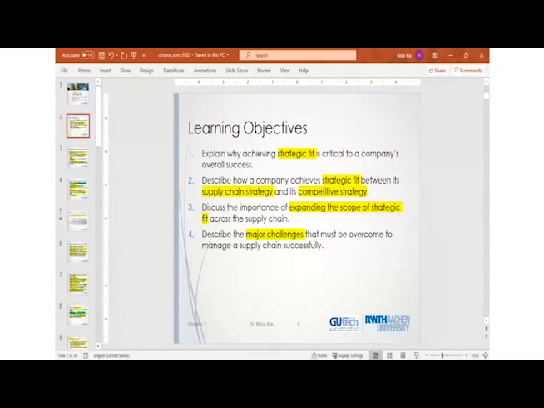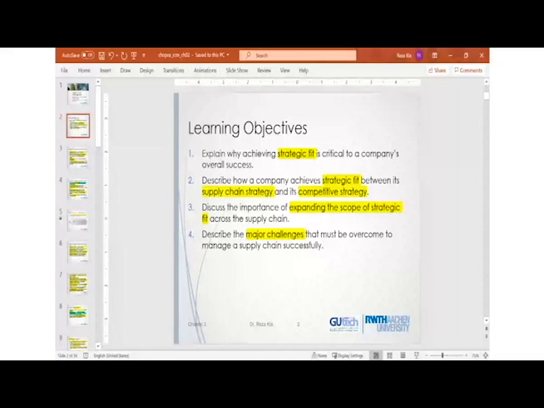Usually we start with the learning objective of this chapter. So hopefully by finishing this chapter, you will be able to explain what strategic fit is and why we need to achieve a strategic fit. This is the main objective. In addition to the strategic fit, you need to understand the supply chain strategy and competitive strategy.